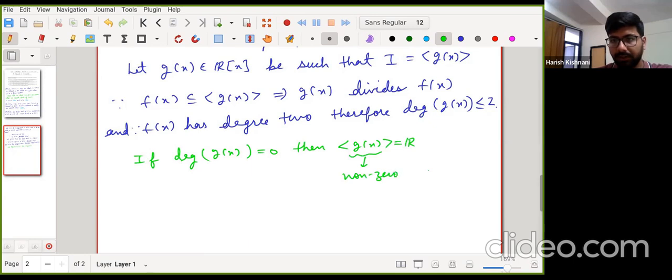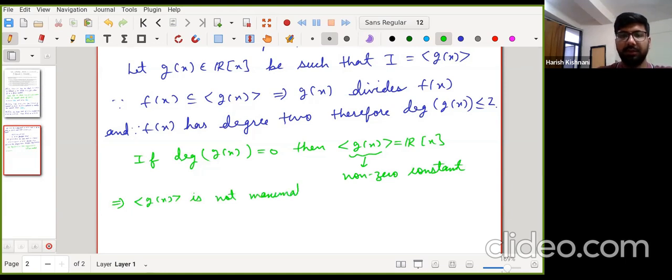It's not just R, but R[x], so in this case the ideal is not maximal. So this case is not going to happen.